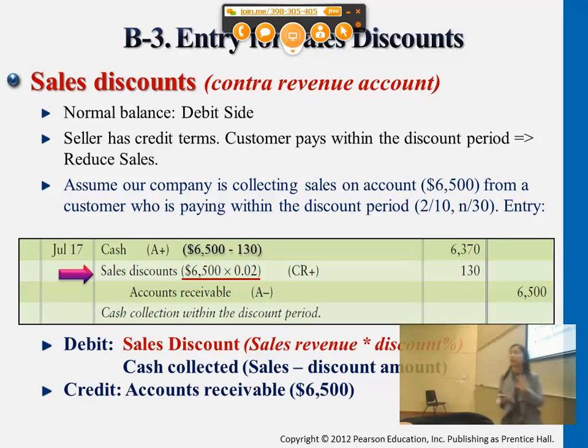So it's the opposite side of sales. Any questions so far? Good.